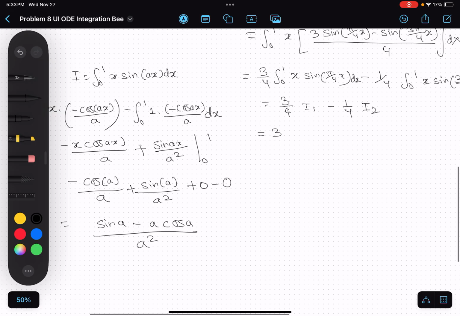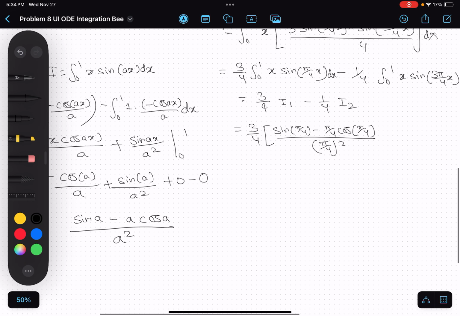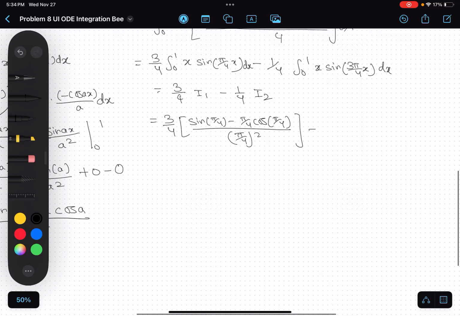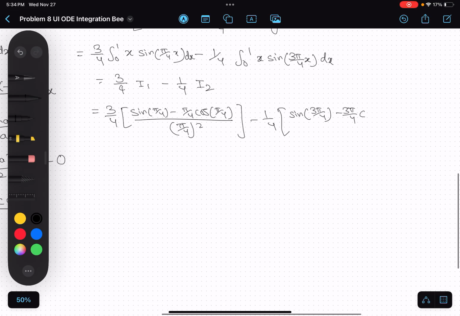This will just be 3/4 times (sin(pi/4) minus pi/4 cos(pi/4)) divided by (pi/4) squared, right? Minus 1/4 times (sin(3pi/4) minus 3pi/4 times cos(3pi/4)) divided by (3pi/4) squared, right?